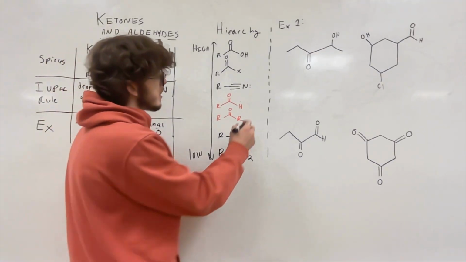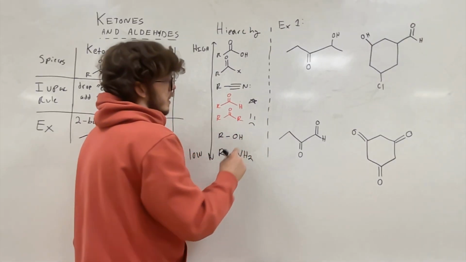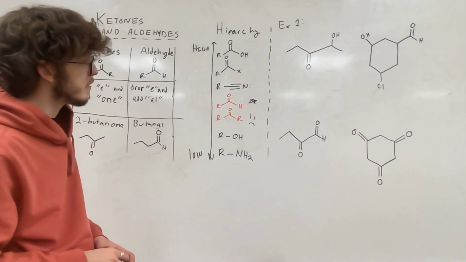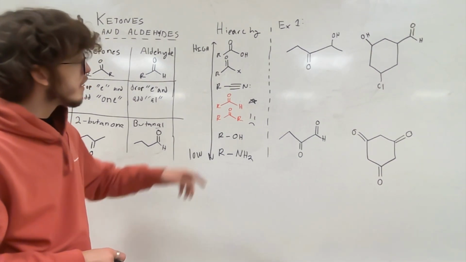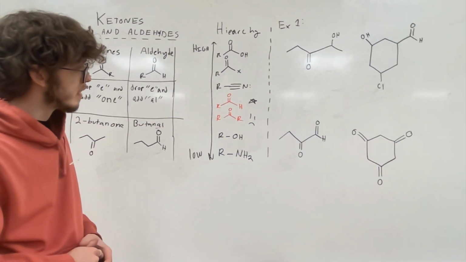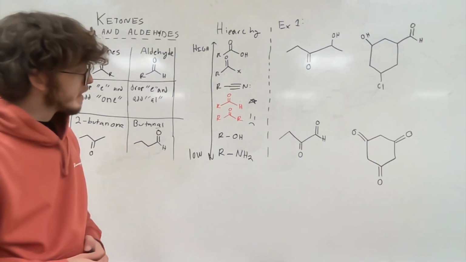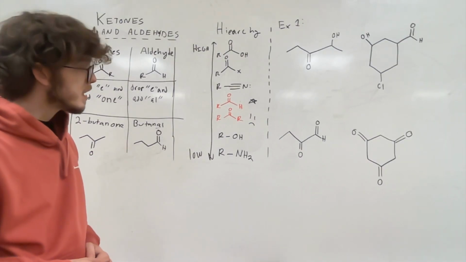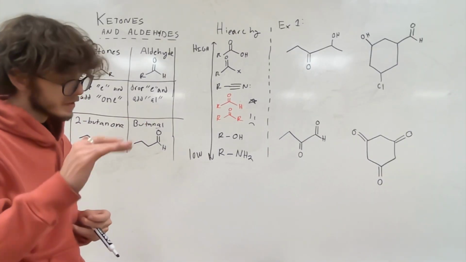So notice that the aldehyde is higher than the ketone. When we name, we need to make sure that if we have both, we name the aldehyde as the parent chain, if applicable. Below that would be hydroxyl groups and amines, right below the benzene derivatives.